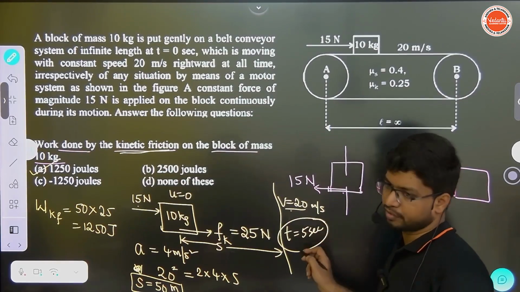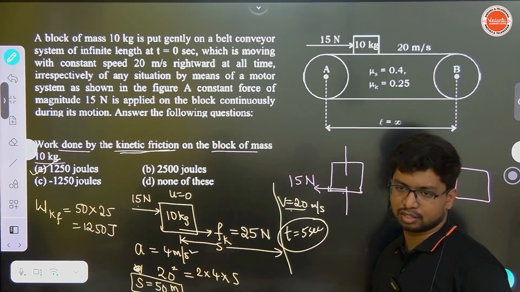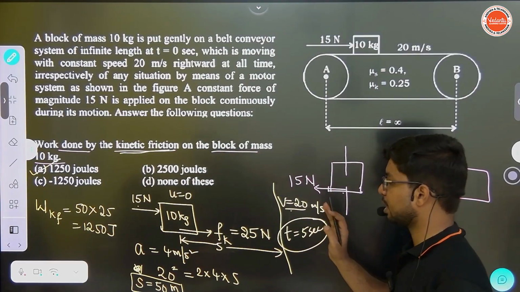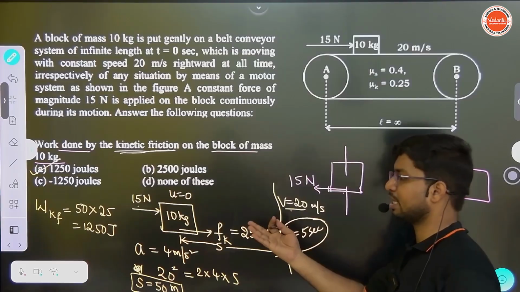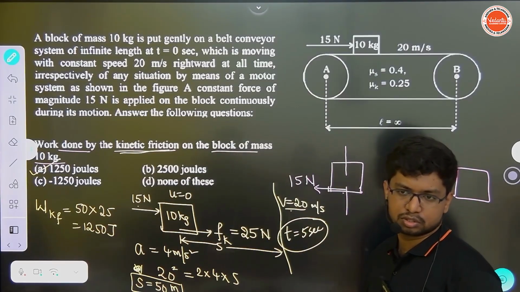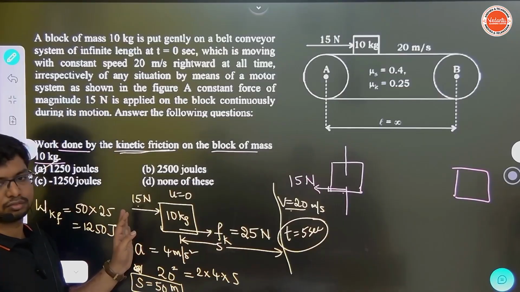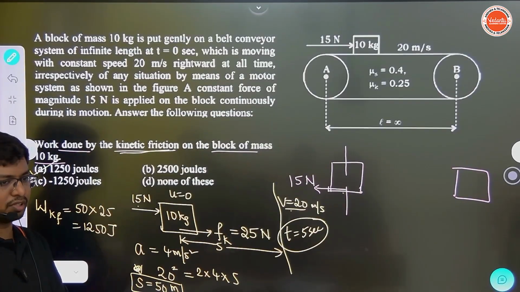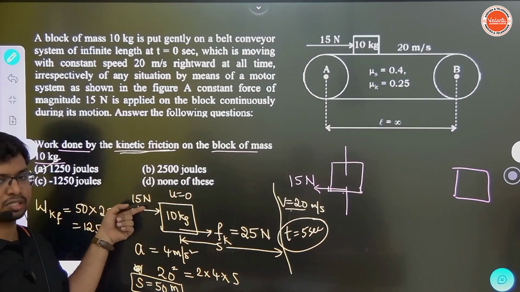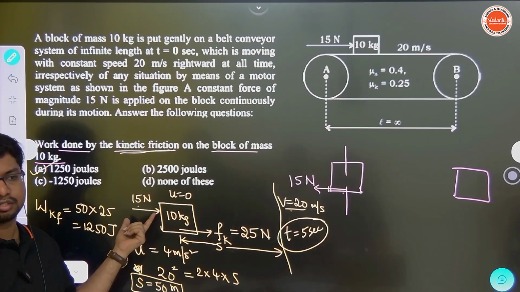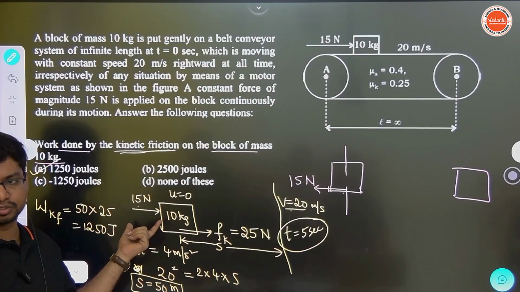That means only up to 5 seconds your kinetic friction will act. Then only static friction will act, right? If static friction is acting, what will that static friction be equal to? 15 only. If the applied force is less than the limiting friction, then the static friction is equal to the applied force.